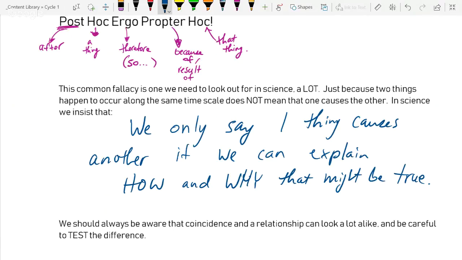So unless we have some explanation, not just for the fact that these two things move together, but how they move together, how it happens, why, what's actually happening that these two things might be related. If we can't do that, and if that's not plausible, then we can't say they cause each other. Otherwise, we're committing the post hoc fallacy.